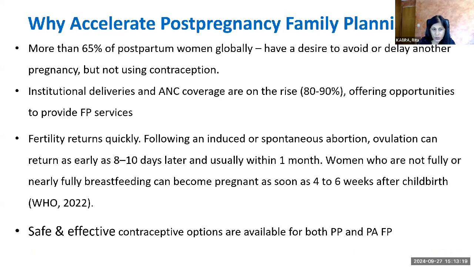At the same time, in most countries institutional deliveries are on the rise, and there is high antenatal care coverage, which offers opportunities to provide family planning services to all those who need it. Similarly, following an induced or spontaneous abortion, ovulation may occur as early as 8 to 10 days, and sometimes within 1 month. Women who are not fully breastfeeding may become pregnant within 4 to 6 weeks.